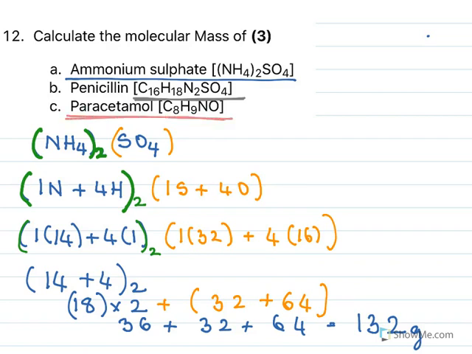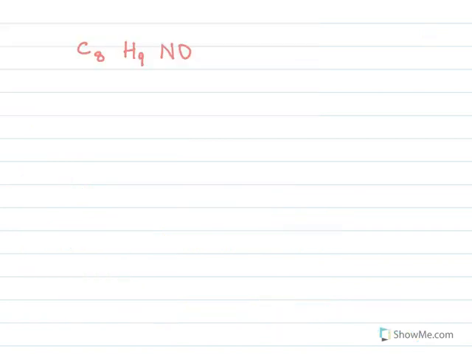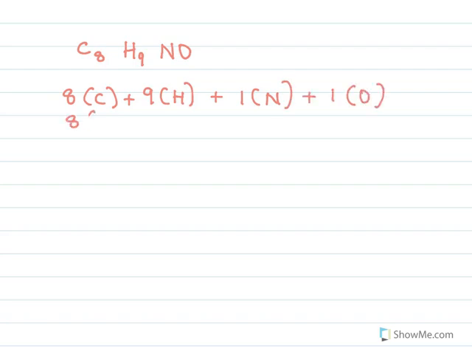Next is paracetamol. This is the medicine we take when we have fever, like crocin. So it is C8H9NO. So here paracetamol, 8 carbon, 9 hydrogen, 1 nitrogen, 1 oxygen. So 8 carbon, 8 into 12, hydrogen is 1, this is nitrogen 14, and 1 oxygen.